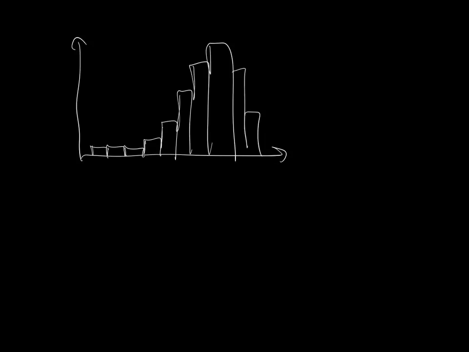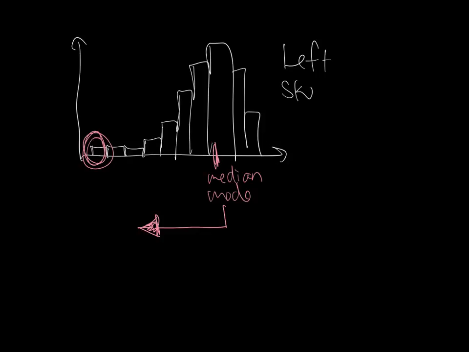Okay, so the median and the mode are still in the middle, where the hill is. But because of the low number in the front, my mean is now moving to the left because this is a left skewed histogram. So my mean is now down here somewhere.